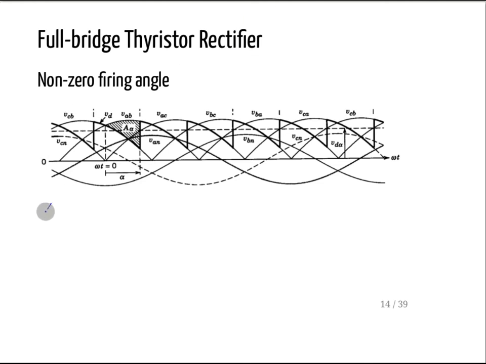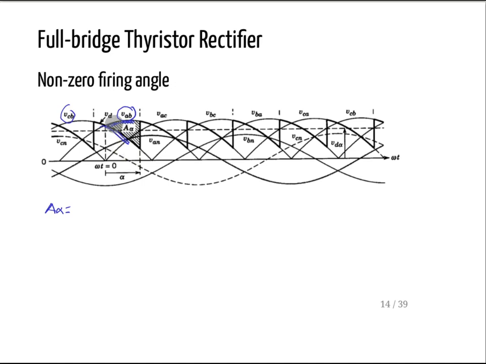I would like to get A alpha, for example, let's try to find here, and that one is VAB, and the other one is VCB. So that area is from 0 to alpha.